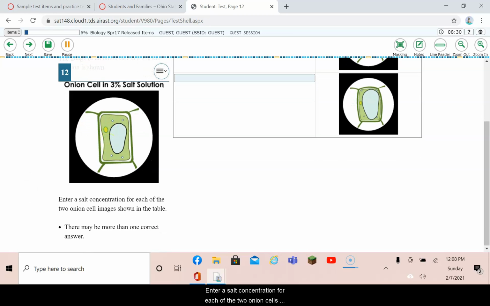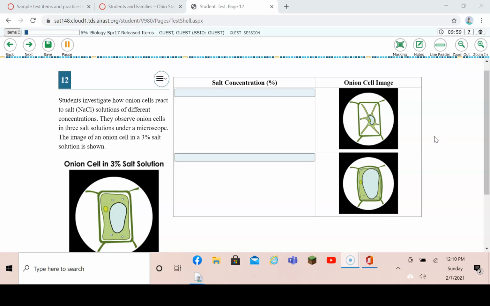Enter a salt concentration for each of the 2 onion cell images shown in the table. There may be more than one correct answer. Let's look at our first cell image. It looks to me like the water has left the cell. And we know there's 97% water in our cell, and there's got to be more concentration of salt and less water on the outside.